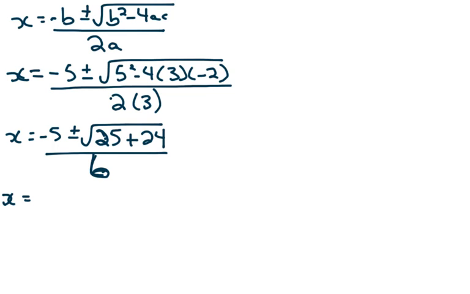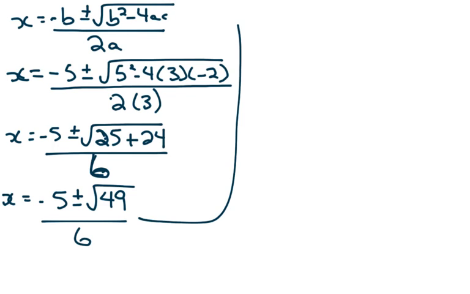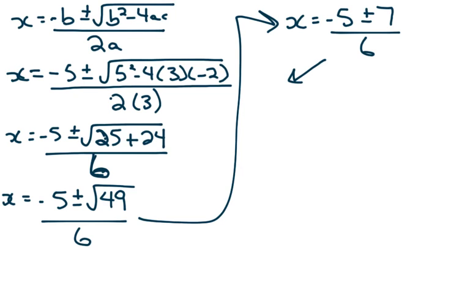We end up with 49 under the root. Square root of 49 is 7. And from here we need to split off to find both values of x.